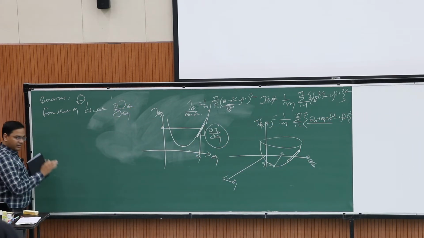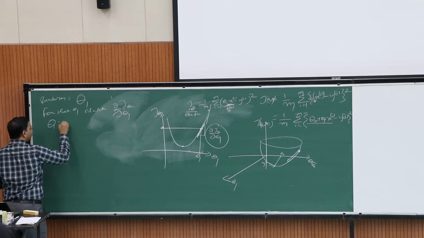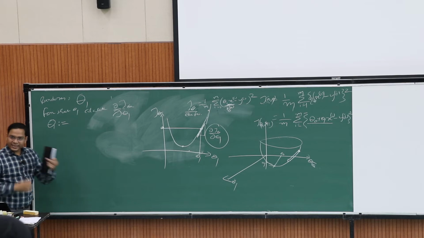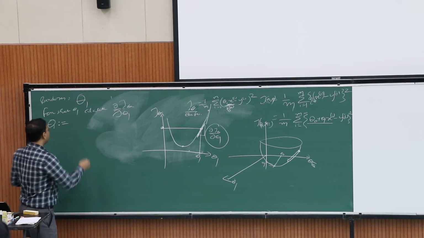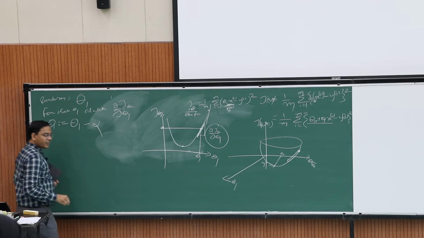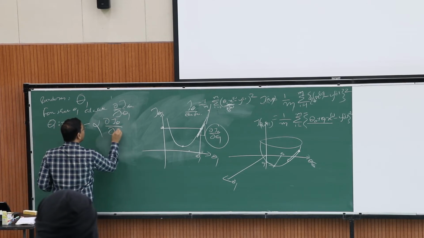Next, theta 1 equal to, the way we write it in computer language, means the next step of theta 1 equals the current position of theta 1 minus alpha dou J theta by dou theta 1.